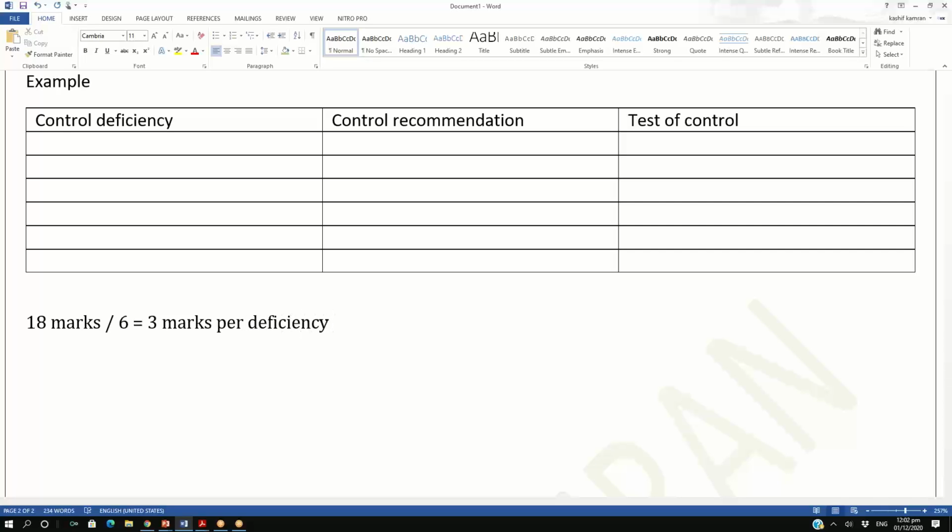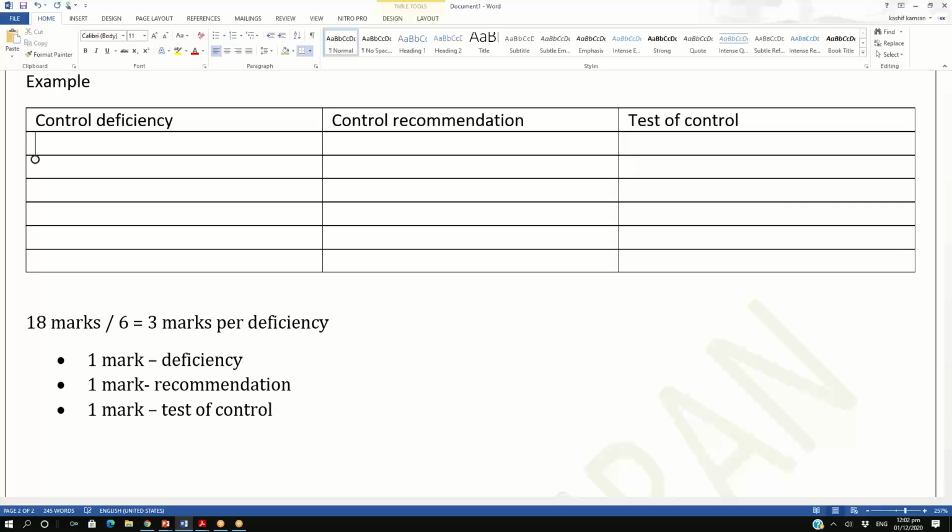How do you break these 3 marks? 1 mark is for the deficiency, 1 mark for the recommendation, and 1 mark for the test of control, assuming that the management has implemented your recommendation. So you put the deficiency, the recommendation, and a test of control, and you get 3 marks.